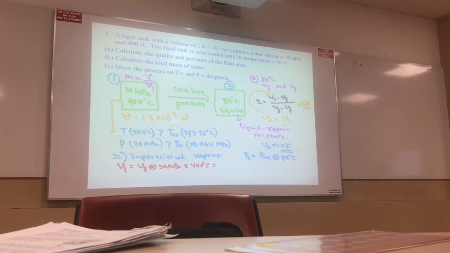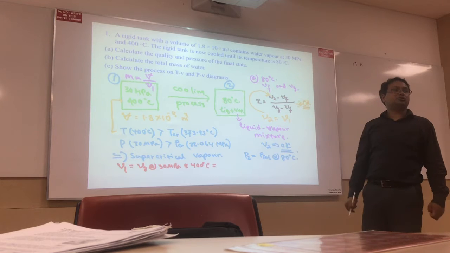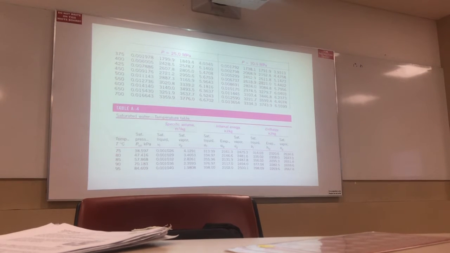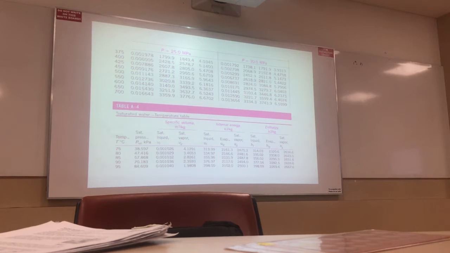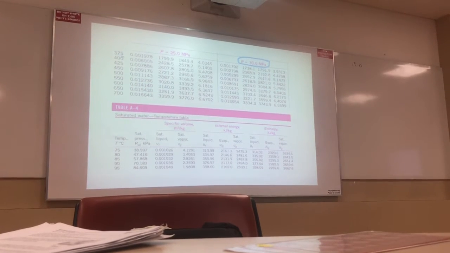Problem is solved. So, do you understand or not? Now I am going to show you the solution. This is the solution, right? What is the pressure? Pressure is 30. Temperature is 400.